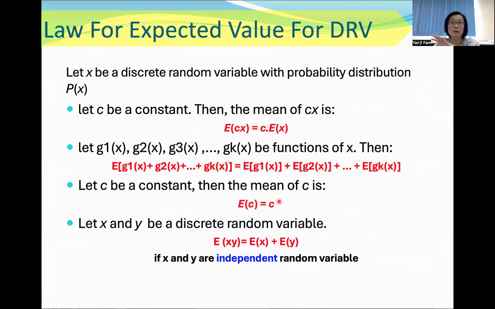I don't need to do much. But if I have a big system with two functions, remember these are discrete random variables, so I can add them together. Okay, if I have x and y as discrete random variables and they are independent, you can separate them individually and add them together. It's pretty simple.